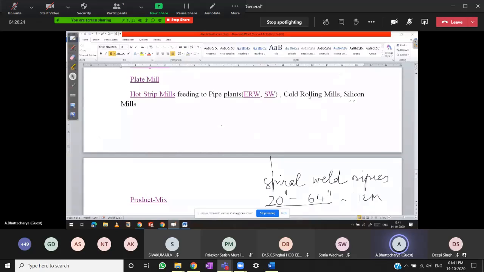It is called silicon mill because the input material, the input slab, has high silicon content, 1.12% silicon. So that's why it is called silicon mill.